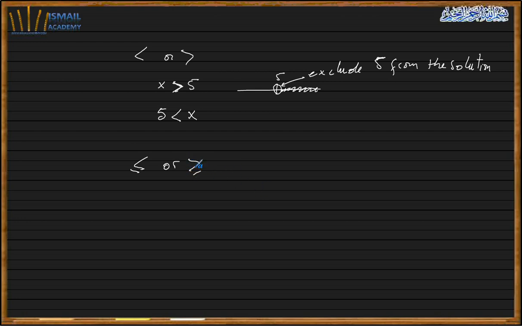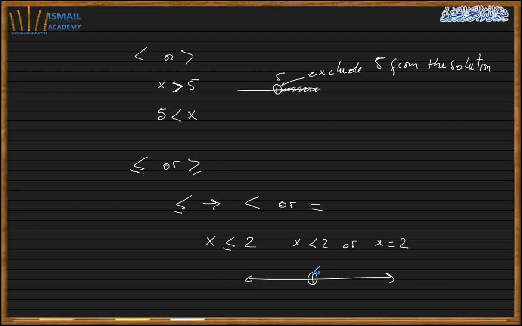So what does this mean here? When you have that type, it means less than or equal. That means we have the choice that they can be equal. x can be equal. That means if I have x is less than or equal to 2, it means x is less than 2 or x is equal to 2. So x may be equal to 2. So in my number line, what do we do? I choose my 2, but I fill the circle.